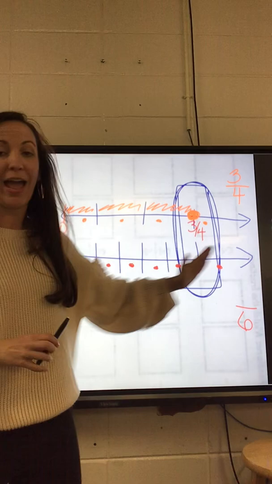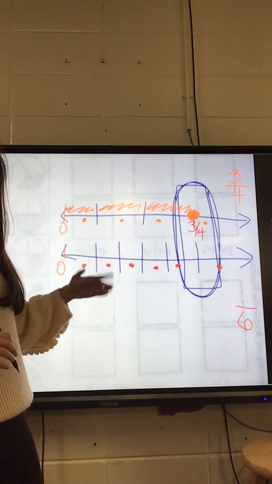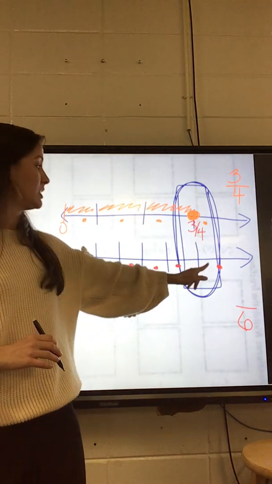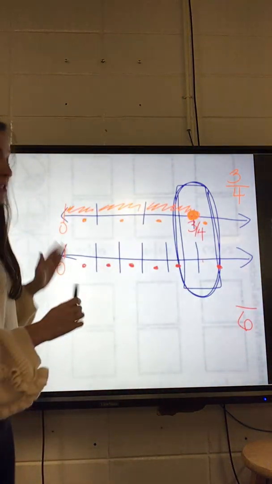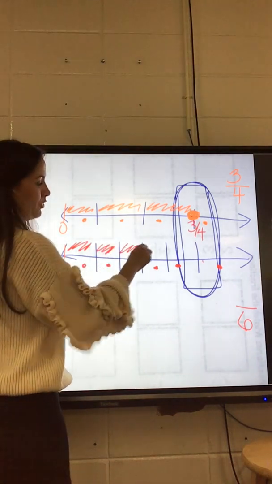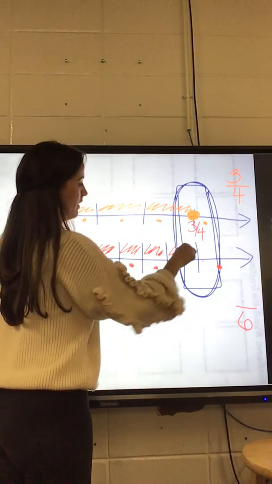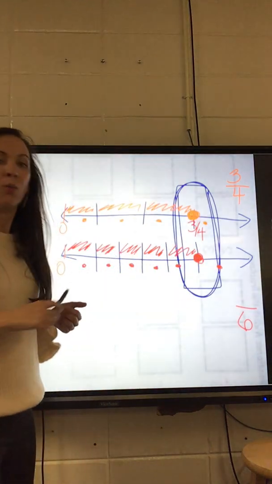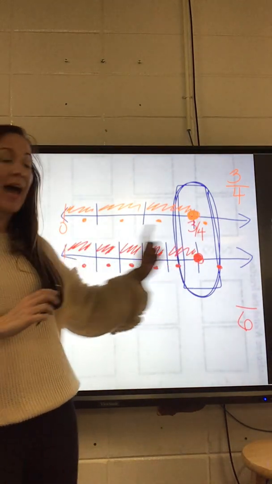So this bottom fraction number line is in sixths. Now let's start at 0. Let's shade all the way until we get to this dot right here and see what it is, okay? 1, 2, 3, 4, 5. Right here, we have figured out that this is 5/6.